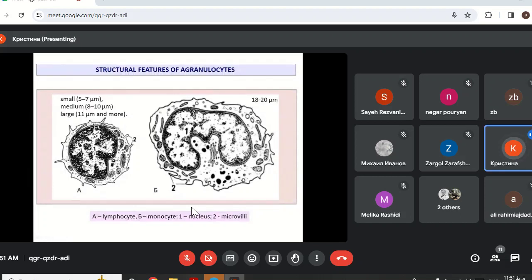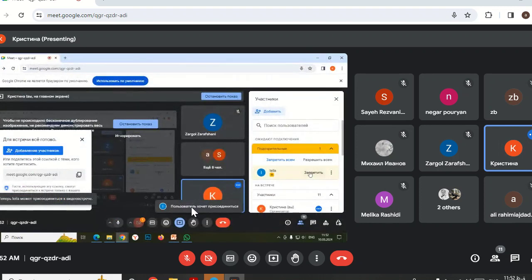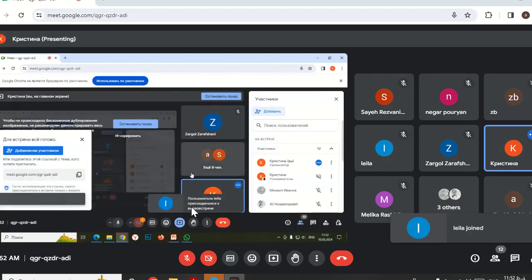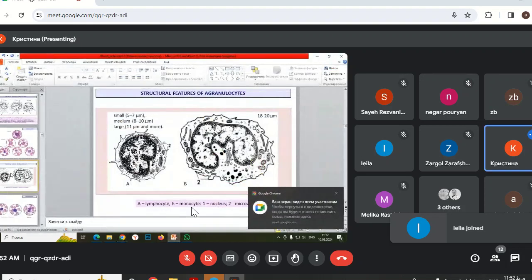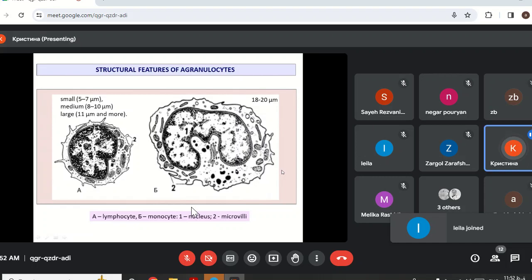Structural features of agranulocytes. We have 2 types of agranulocytes: lymphocyte and monocyte.